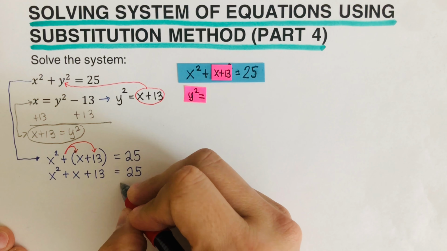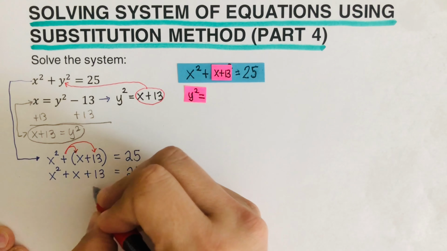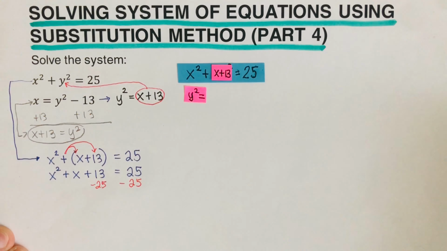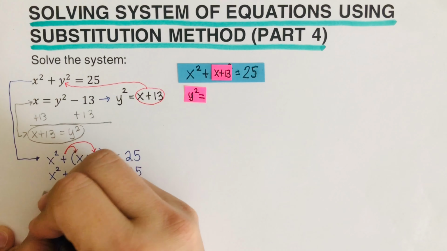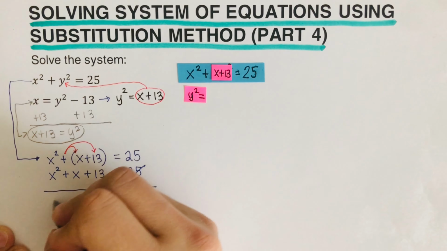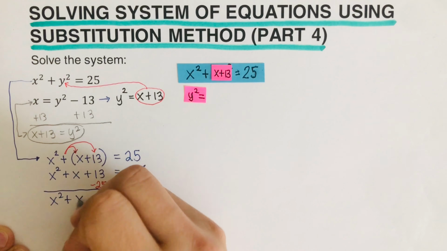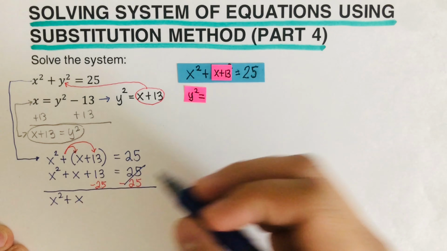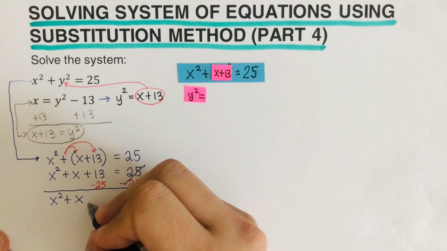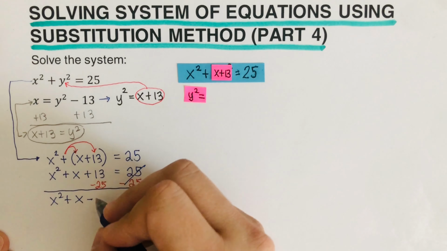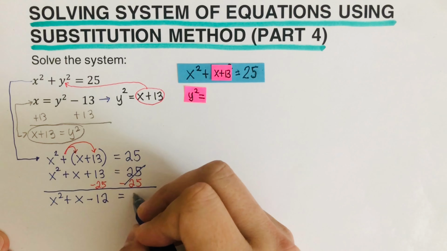So I can subtract 25 from both sides. This comes out x squared plus x minus 12, because 13 minus 25 is negative 12, and that is equal to 0.